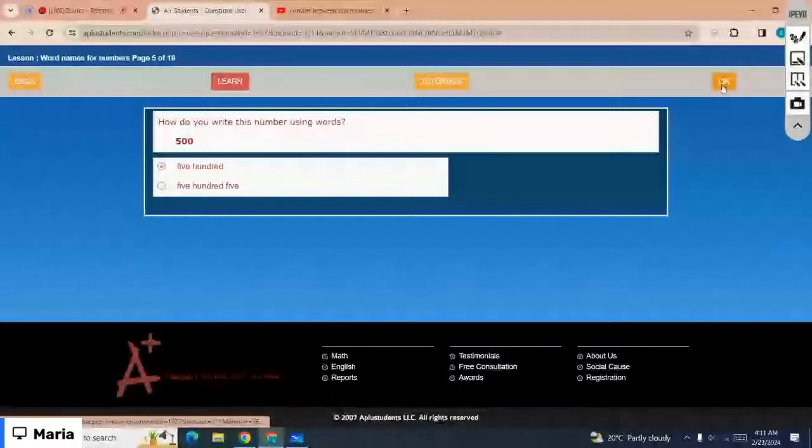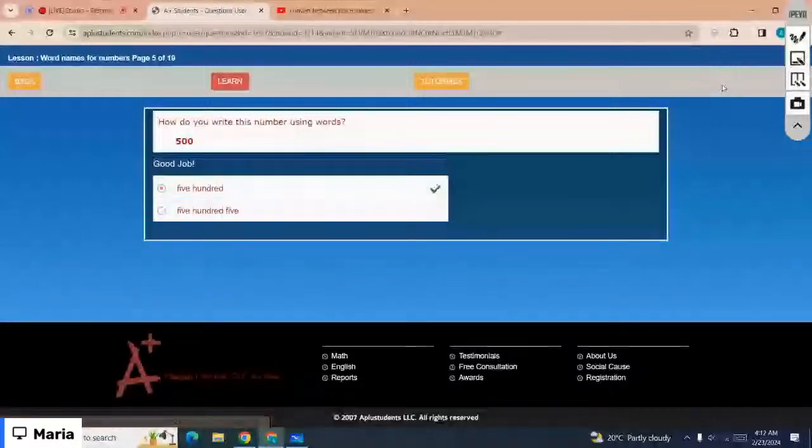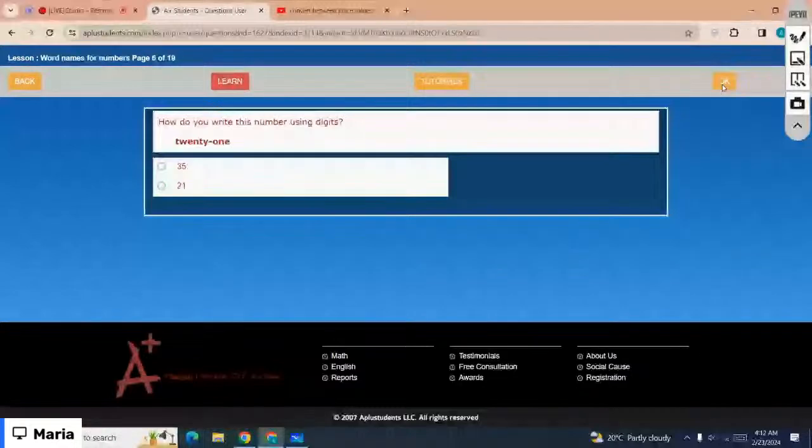Option 1 is the correct option. How do you write this number using digits? 21.